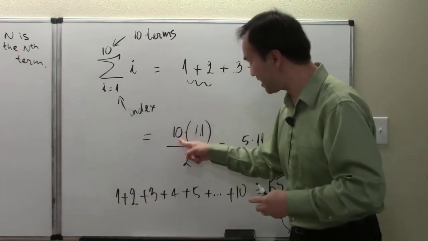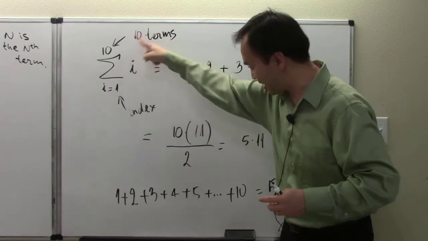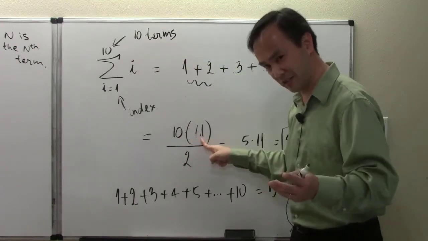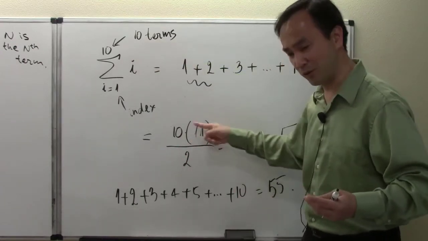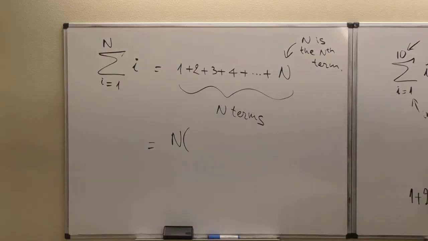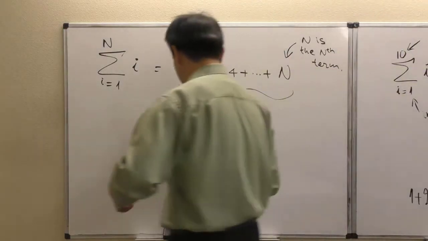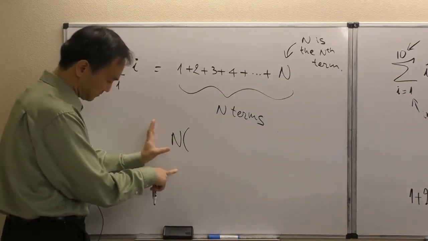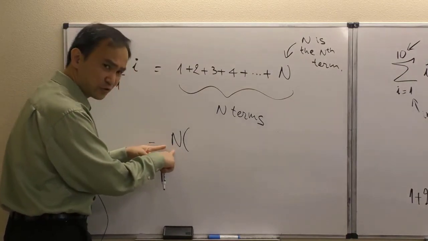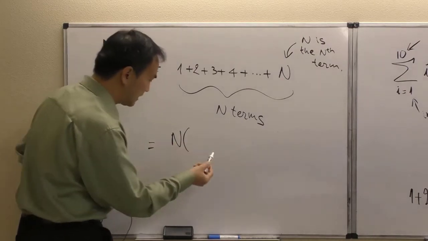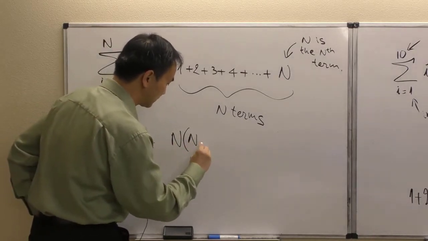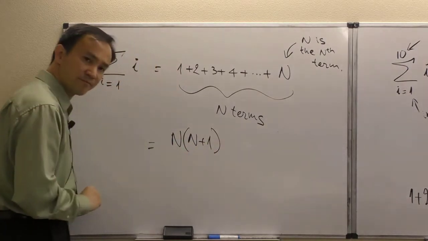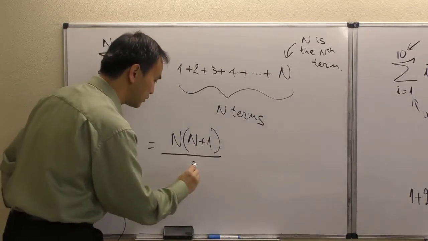In this particular problem, n is 10, and then 11 here is 10 plus 1, or n plus 1. And so now I can generalize that: the number of terms, to be more precise, multiplied with n plus 1, okay, and we divide it by 2 right here.